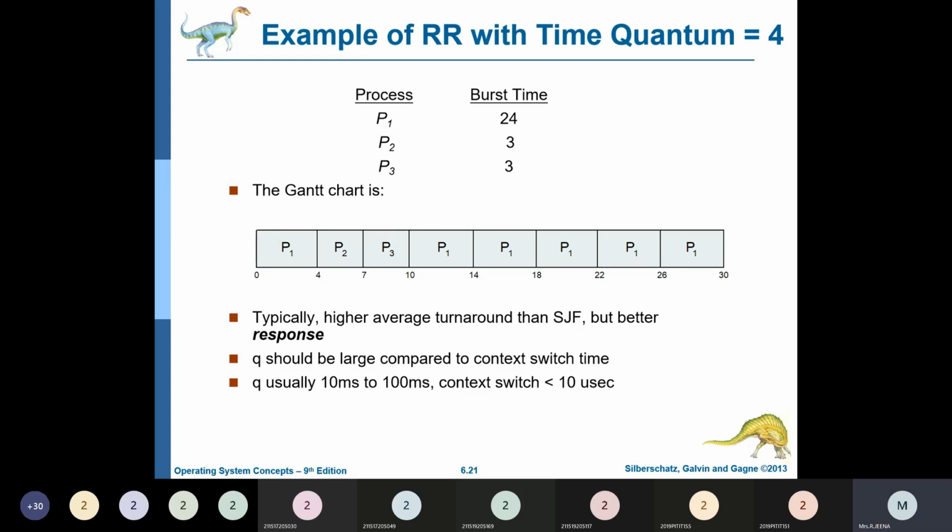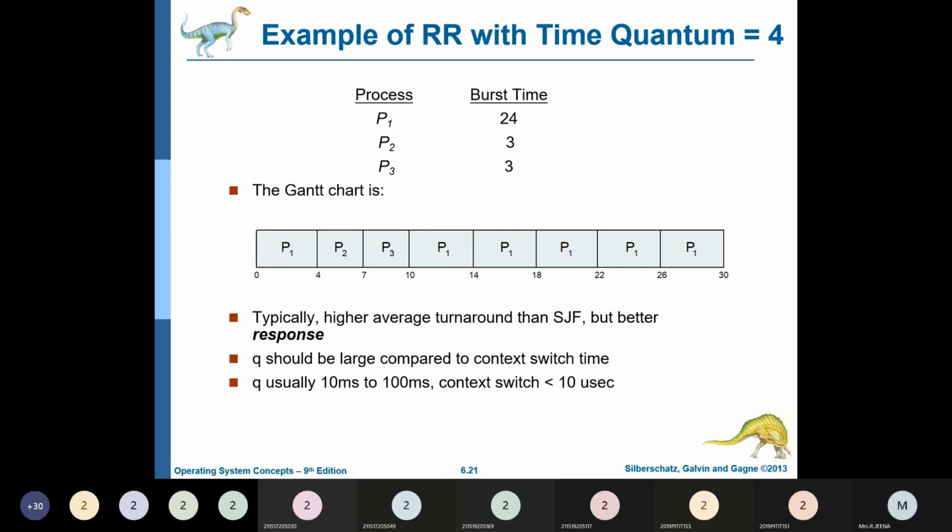Now, by calculating, the average waiting time will be 5.66 milliseconds. For P1, it waits for 6 milliseconds. Why?